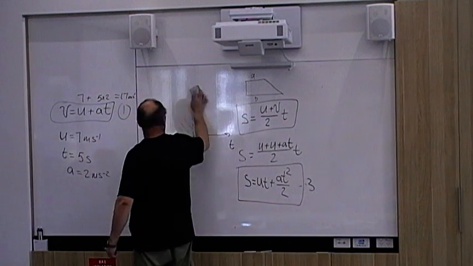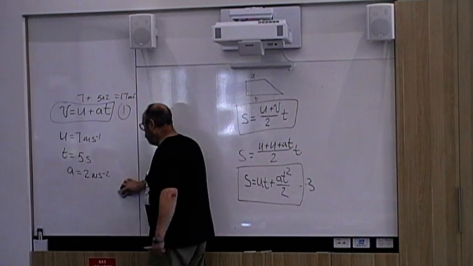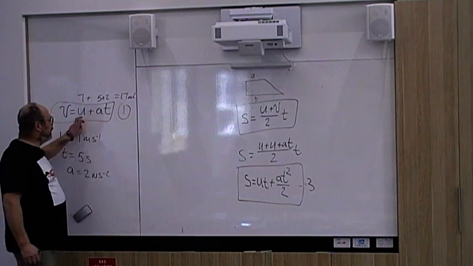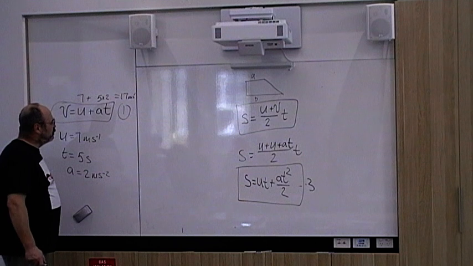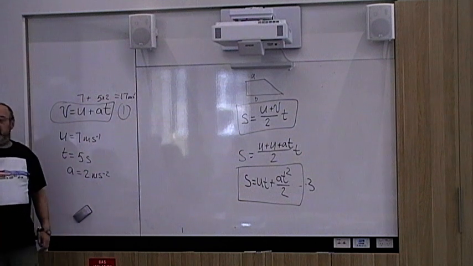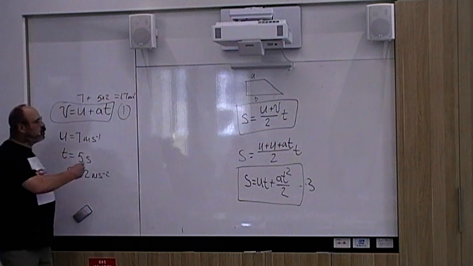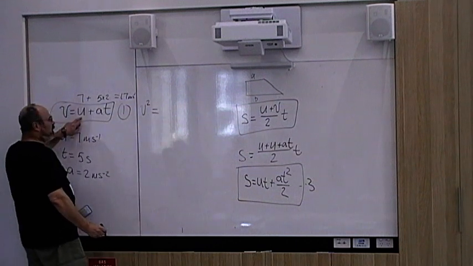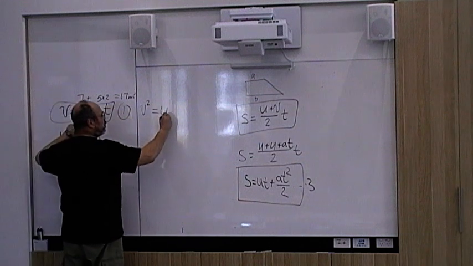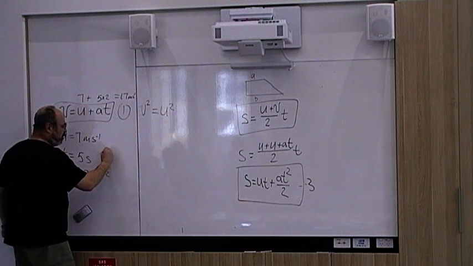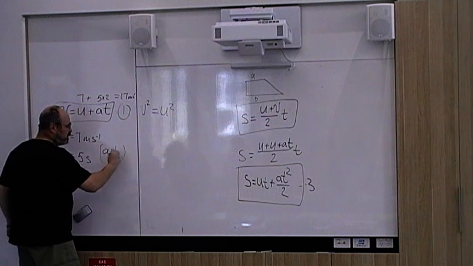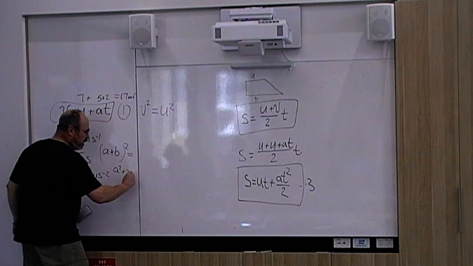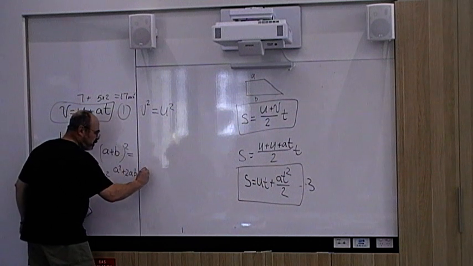To get the 4th, let's square this equation. We will square both sides. So the left hand side will have V squared, and on the right we square this side. You do remember that a plus b squared equals a squared plus 2ab plus b squared.